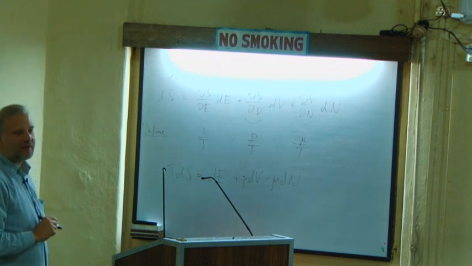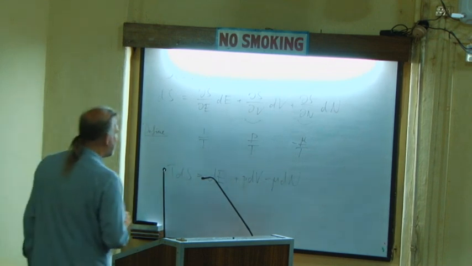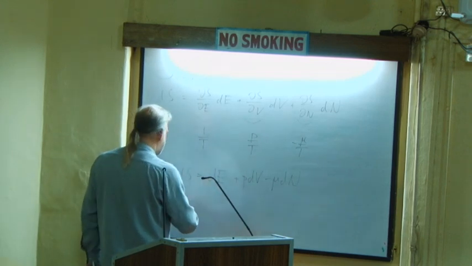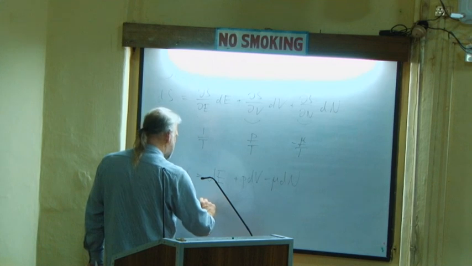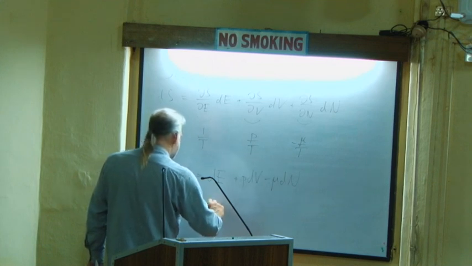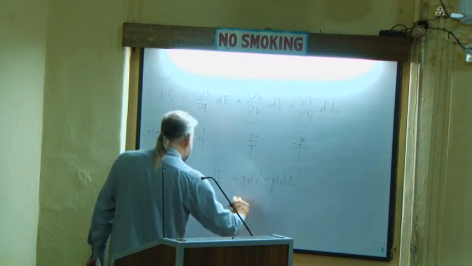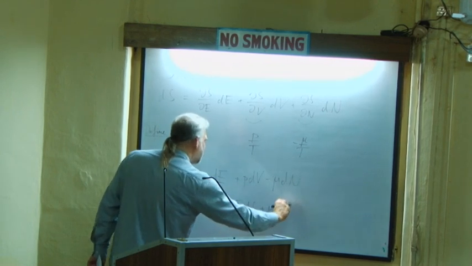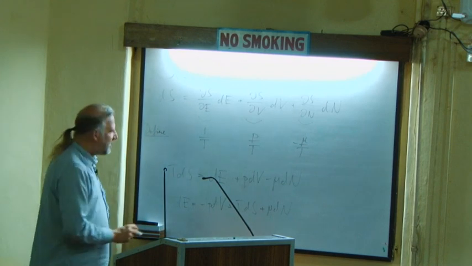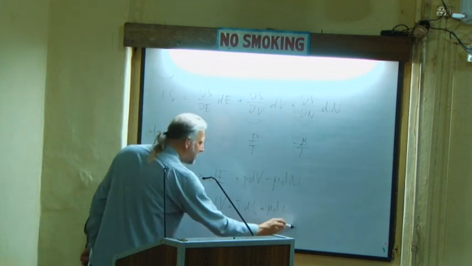And what do we recognize? Well, if I switch sides here, I get dE = −P dV + T dS + μ dN. We have seen this just before.